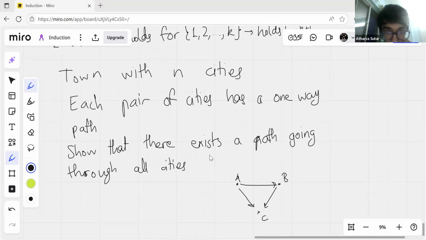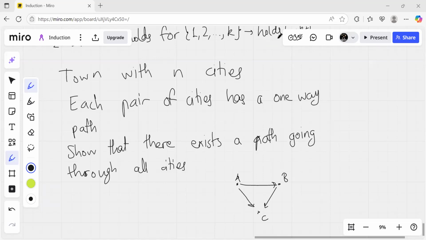Now, what do you mean not necessarily that they are adjacent? No, it's not like a connected graph or something. The paths are one way. Like you can't go from B to A. Oh, acha, it's one way. Okay.